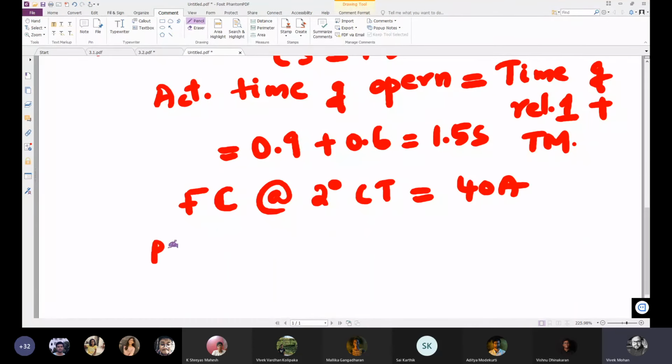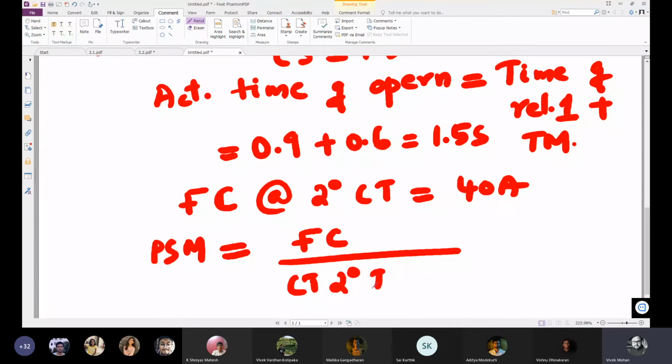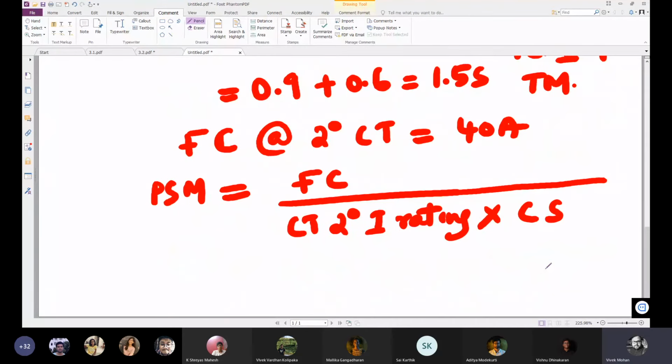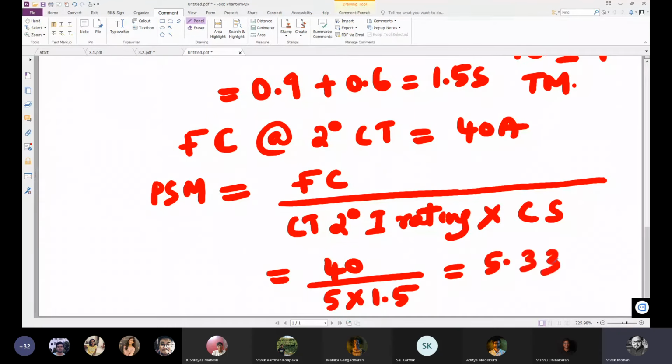Now PSM equals fault current divided by CT secondary current rating into current setting. That is 40 divided by 5 into 1.5, which is equal to 5.33.